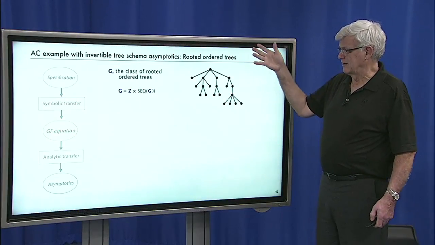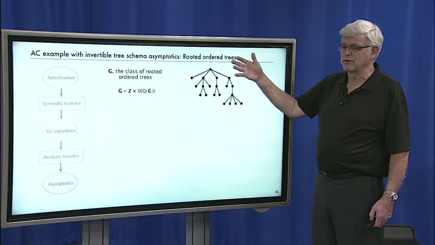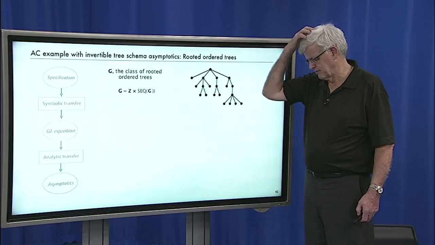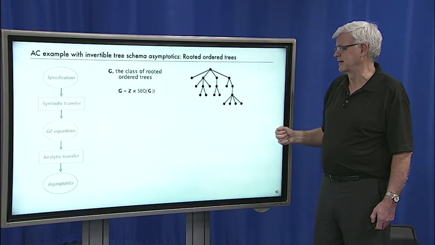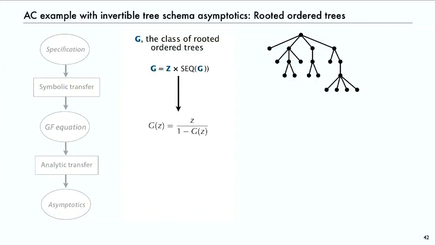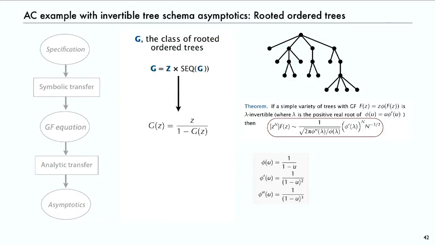Okay, so let's show analytic combinatorics for trees using the simple variety of tree asymptotics. So that's the construction, that's the generating function. Then we just look at the theorem and we figure out what lambda is. Lambda is 1/2, and then we plug into the equations that we developed for phi of u, phi prime, and phi double prime.